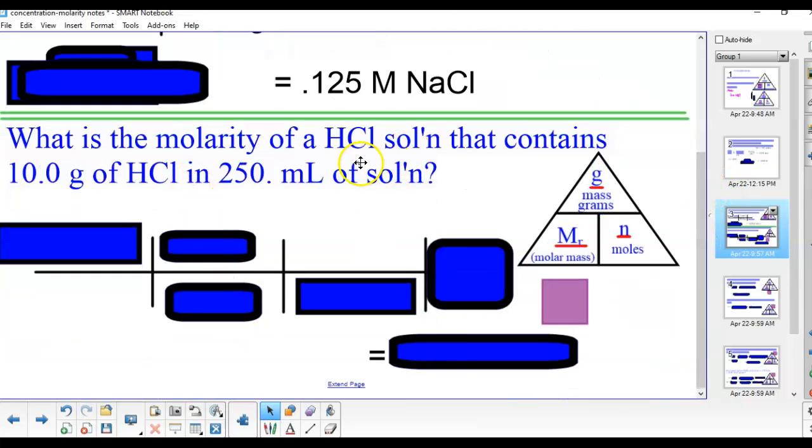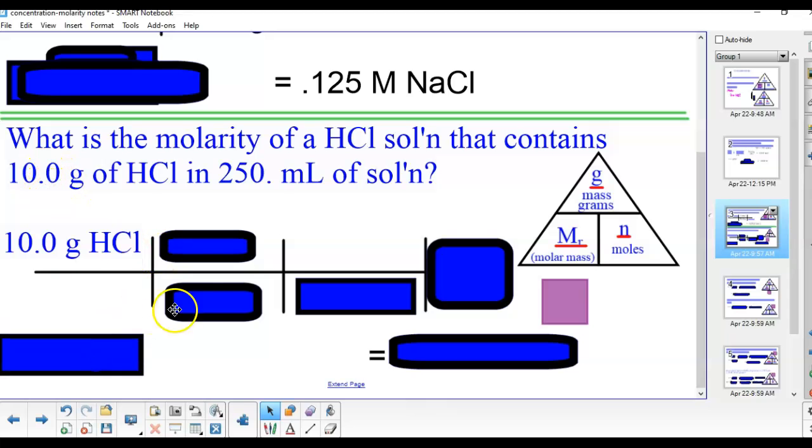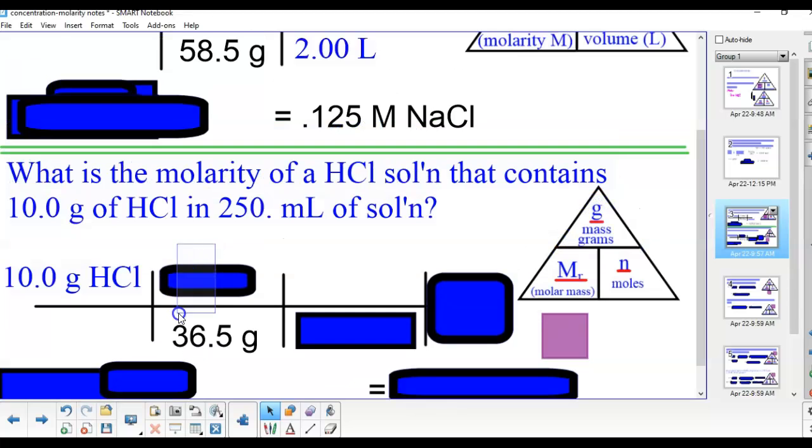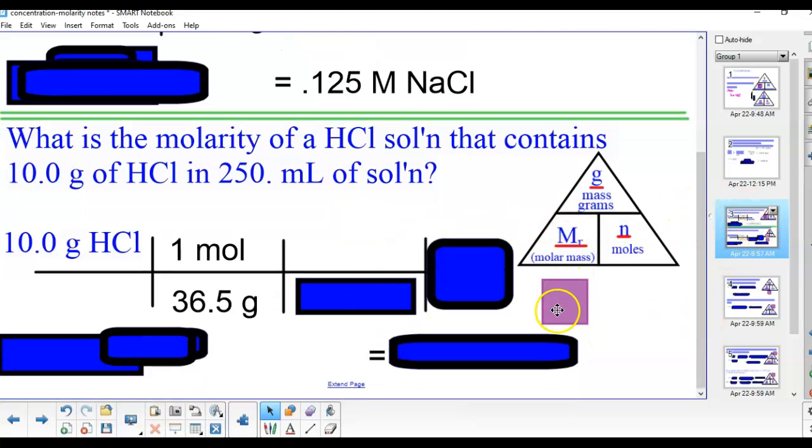Here we have a hydrochloric acid solution that contains a certain amount of HCl in a certain volume. Again, start with what's given to you, 10 grams divided by the molar mass of hydrochloric acid. We're going to then divide by the volume.